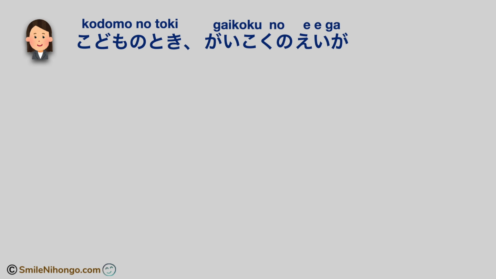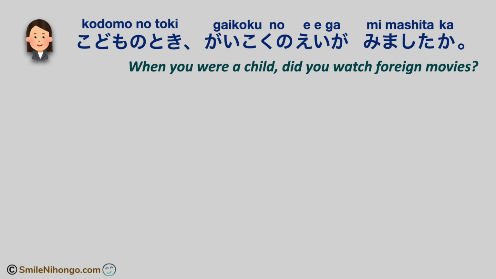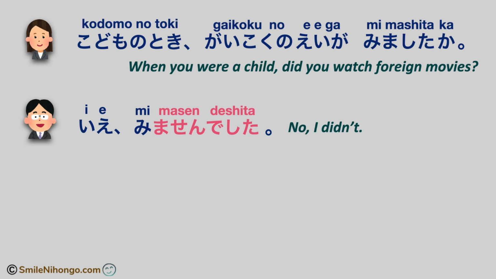Here's an example question. 子供の時、外国の映画見ましたか？ In this case, the man will most likely answer, いえ、見ませんでした。since they are talking about his distant past.